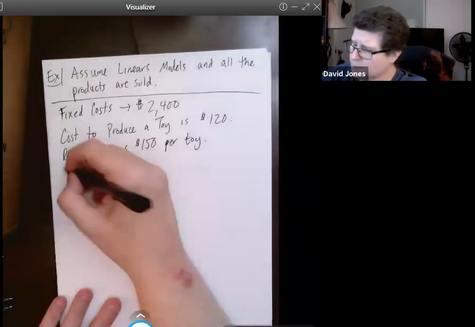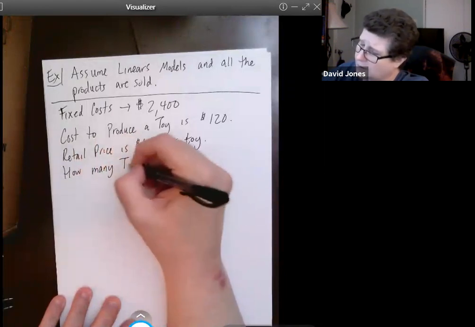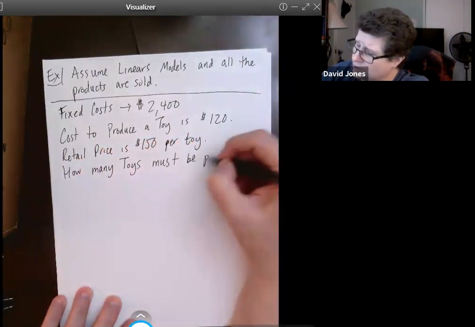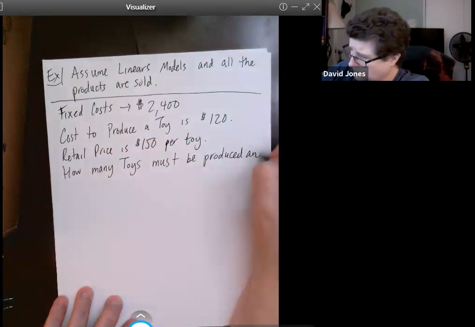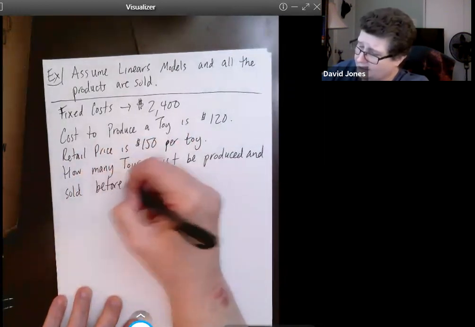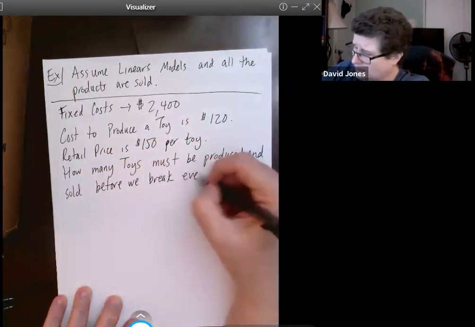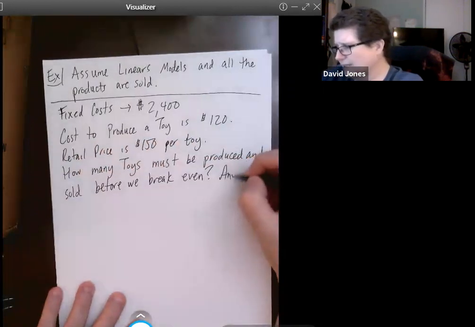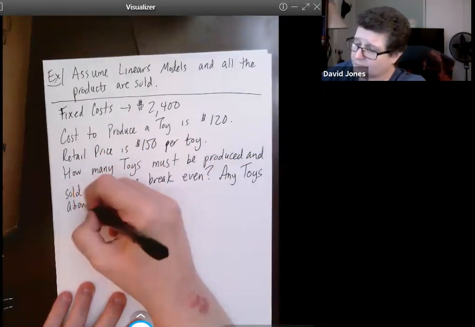How many toys must be produced and sold to break even? Before we break even, we have a loss. Any toys above this lead to a profit.